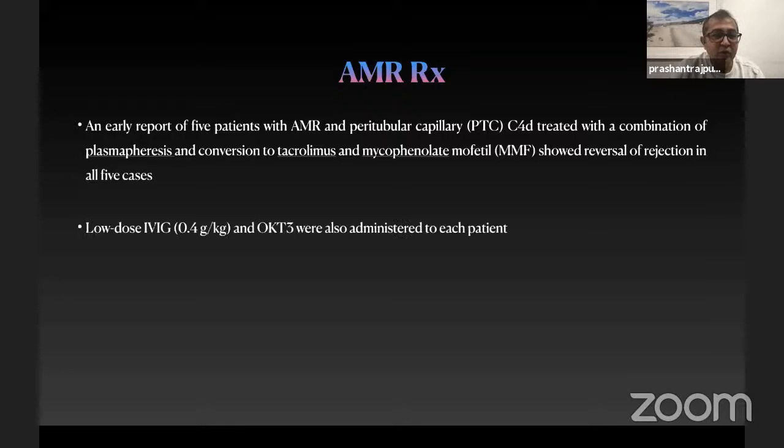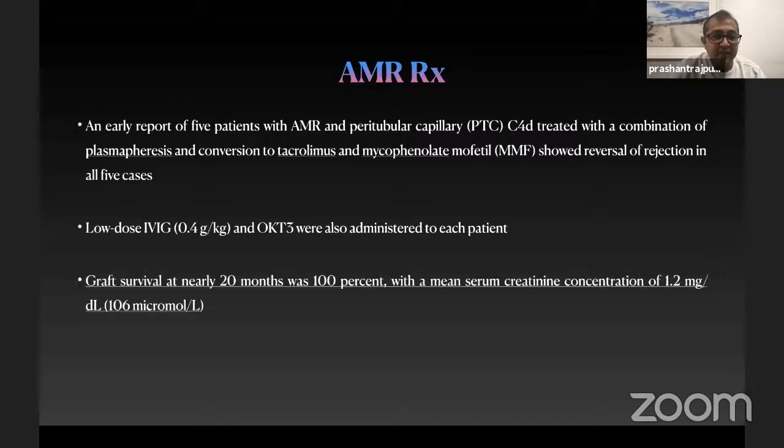These patients also received low dose IVIG and OKT3, and the graft survival at nearly 20 months was about 100%, and the mean creatinine concentration was about 1.4 milligrams per deciliter. Just a minute.